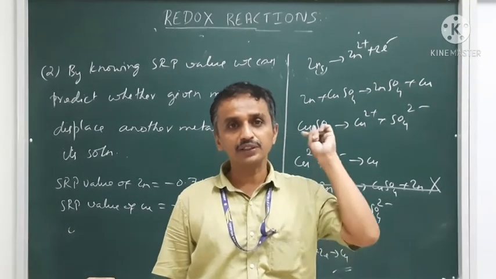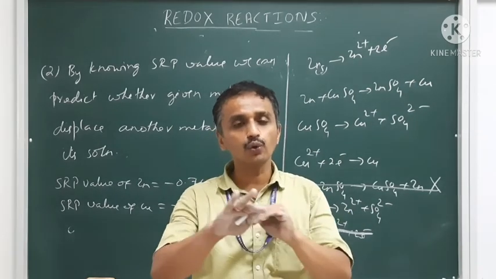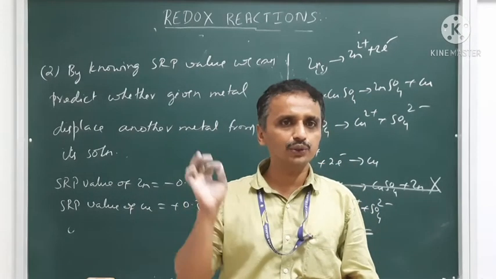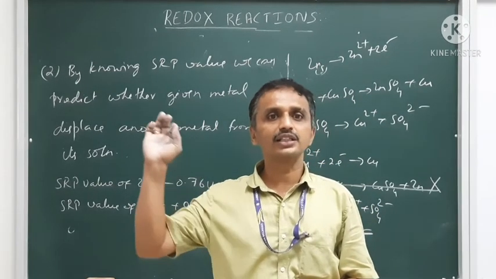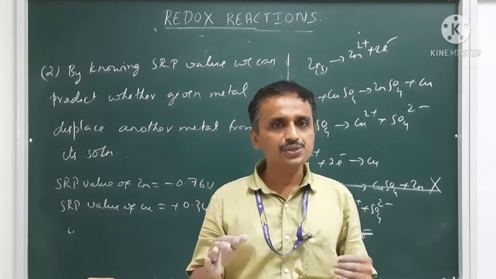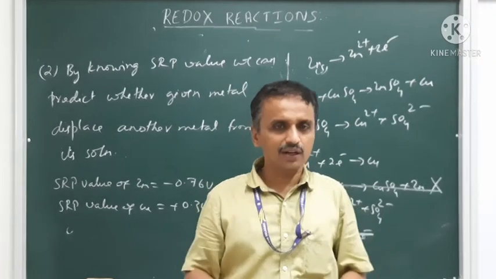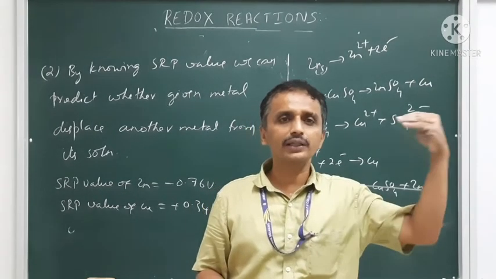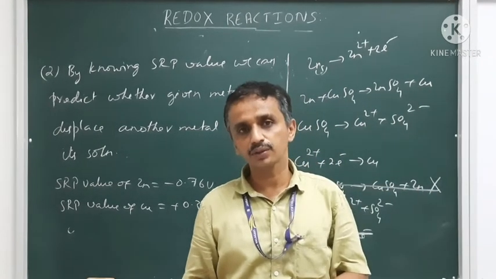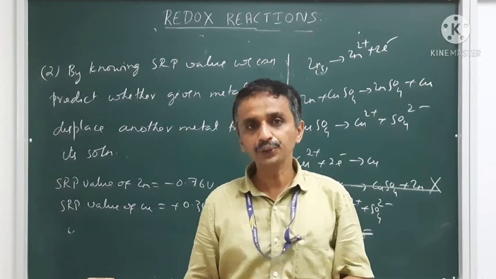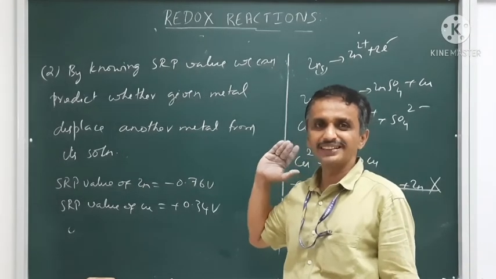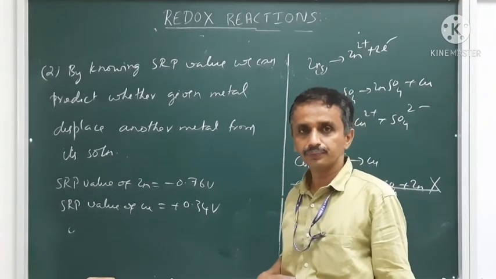That time, if zinc is added to magnesium sulfate, no reaction takes place. Because when zinc and magnesium are together, magnesium has the tendency for oxidation, and zinc has the tendency for reduction. That means zinc needs the electron, so it cannot provide the electron to the magnesium 2 plus ion formed from the magnesium sulfate. So the lower SRP value can displace a metal from its solution.